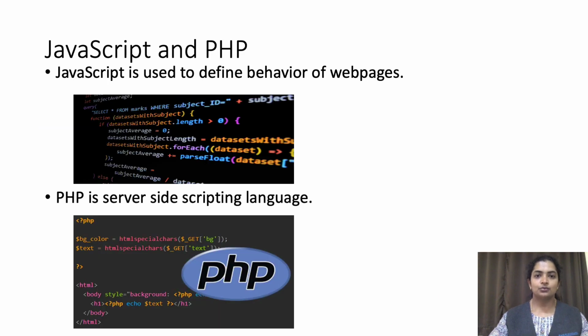Next, we have very important scripting languages, that is JavaScript and PHP. As we know, JavaScript is a front-end scripting language and PHP is a back-end scripting language. What is JavaScript? JavaScript is used to define the behavior of web pages. For example, suppose we open Gmail and submit without entering any information.